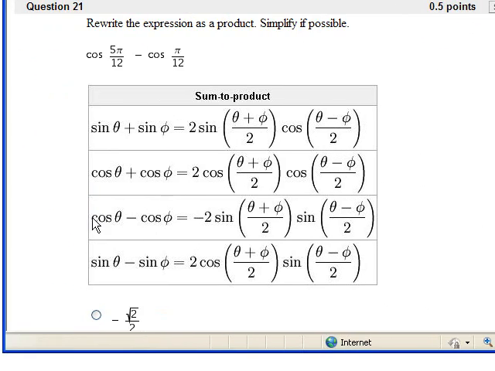And so this one is going to be cosine 5 pi over 12 minus cosine pi over 12, and for that one I have to use this one here, and so I'm going to use that and just plug everything in.